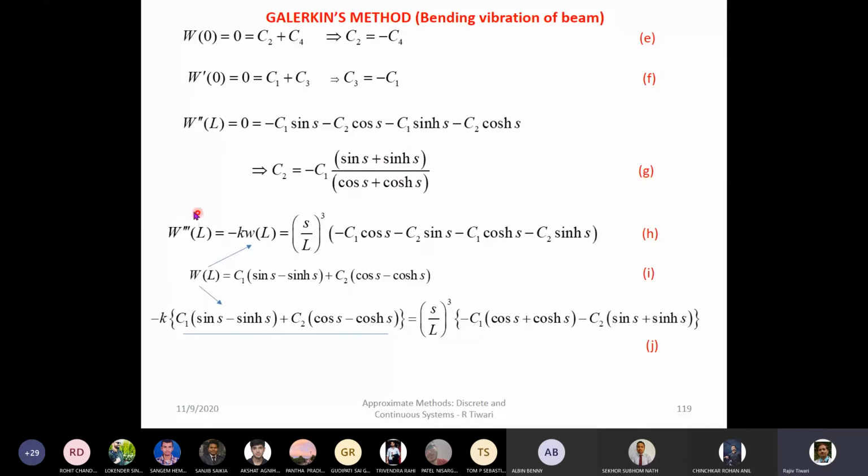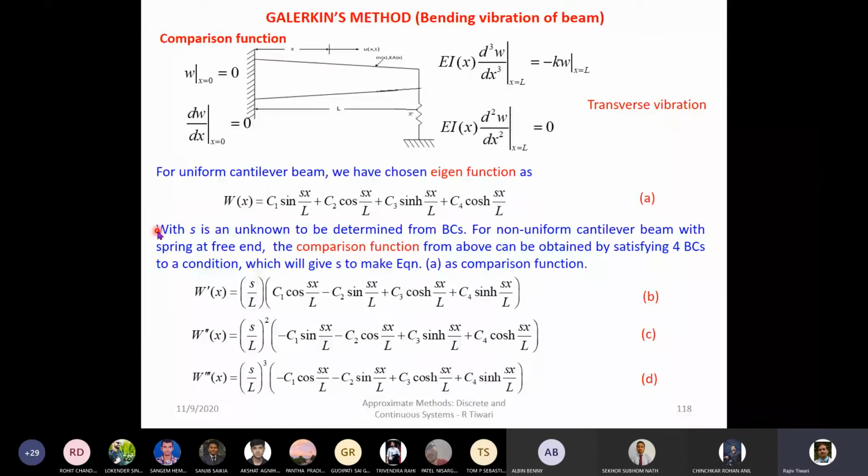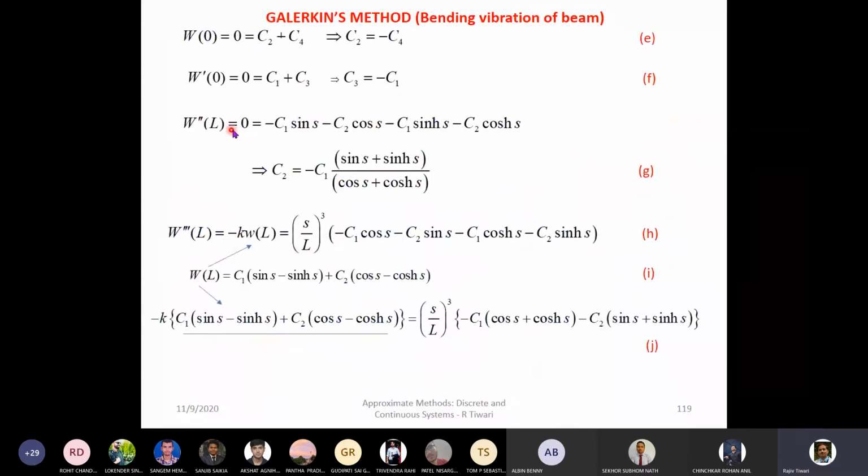Now left is the last boundary condition, that is the shear force. So the shear force is this one. All the terms in the other three boundary conditions were 0, but now stiffness is coming. So instead of putting 0 here, we are putting minus k WL.